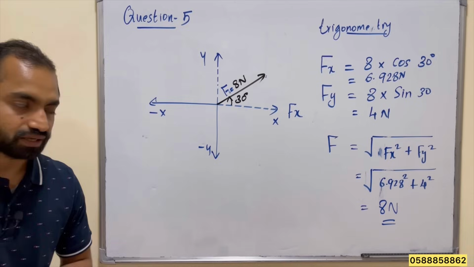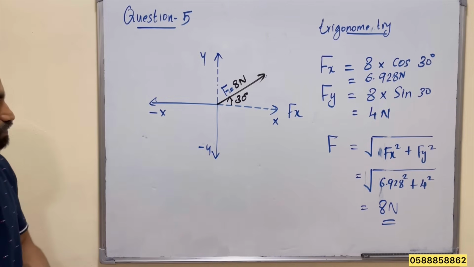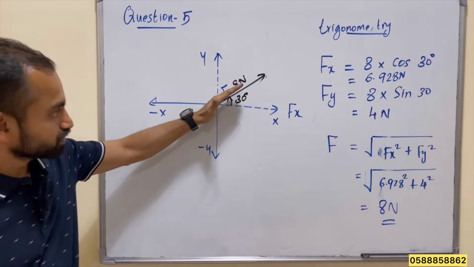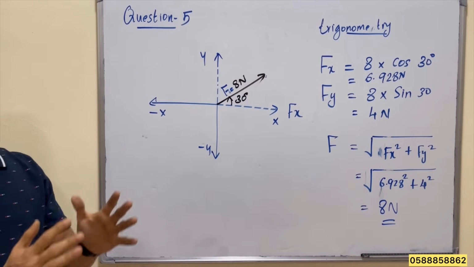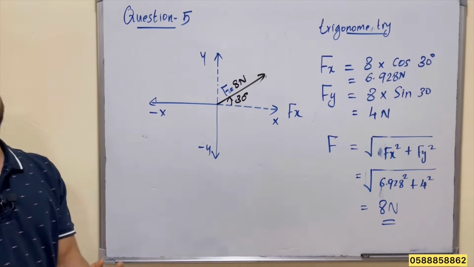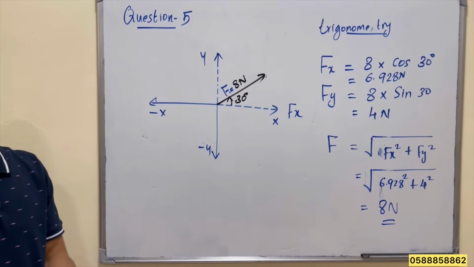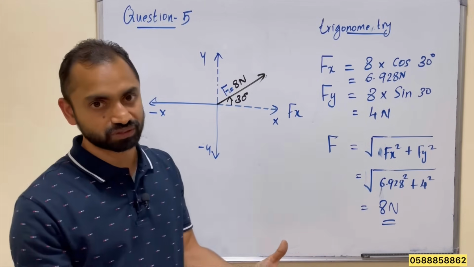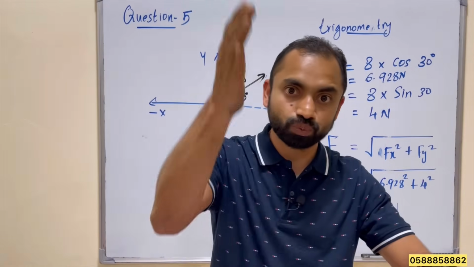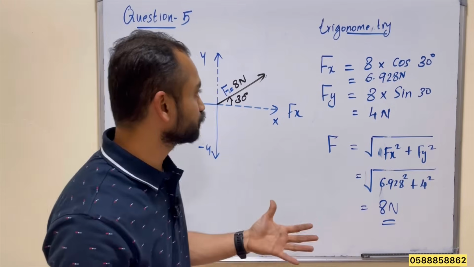What I want to tell in this is that a vector can be divided into its perpendicular components, meaning x component and y component. That process of dividing a vector into x component and y component is called resolution of the vector, or resolving a vector.